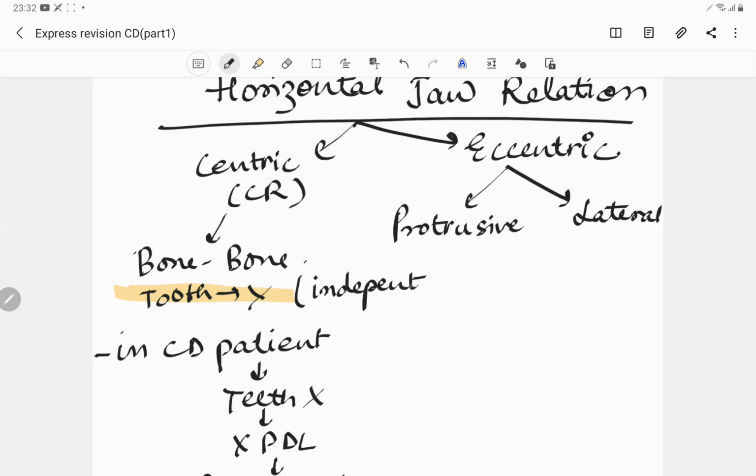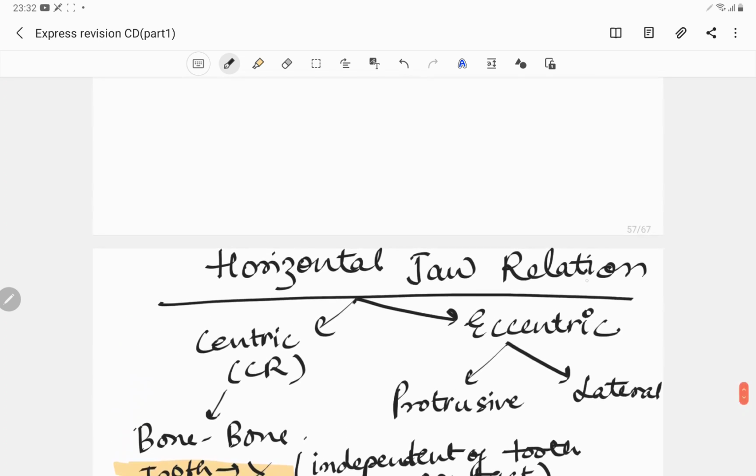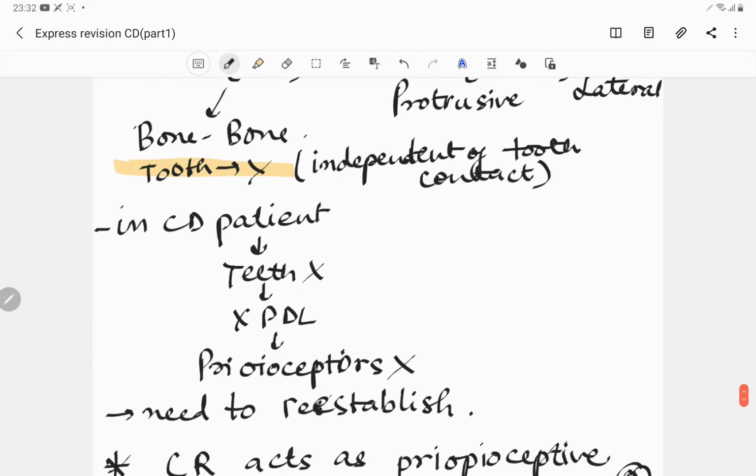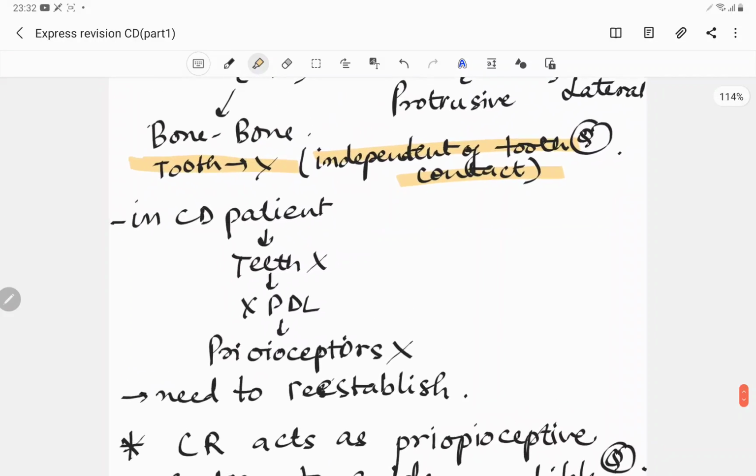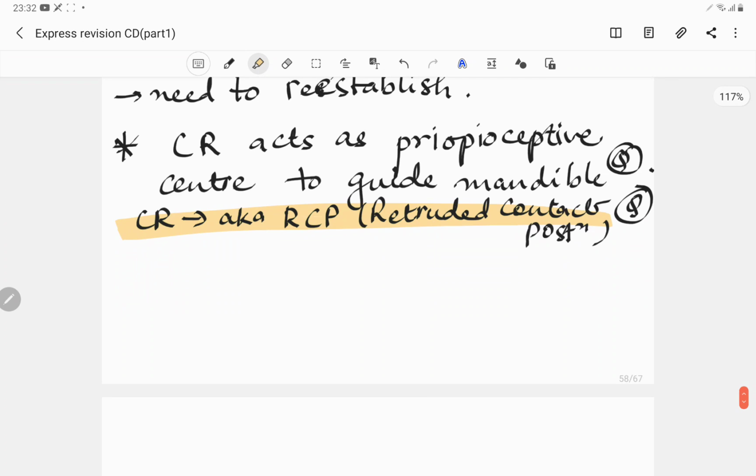Independent of tooth contact, which is very important. We are not talking about the maximum intercuspation. Maximum intercuspation is when both the teeth are occluding well. In centric relation, the teeth are not occluding well.